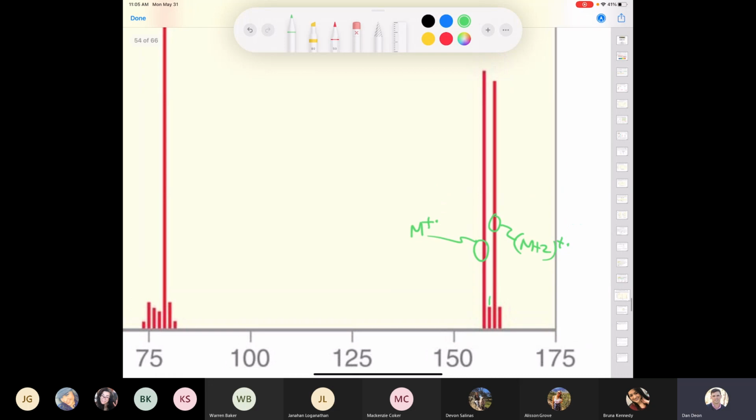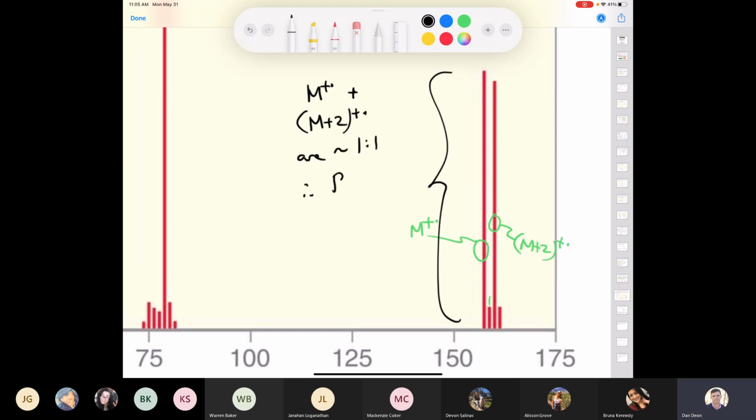Look at the relative height of the peaks. They're in a 1-to-1 ratio. So we'll put here the molecular ion and the M+2 ion are about 1-to-1, therefore bromine present. All right, that's all there is to it.